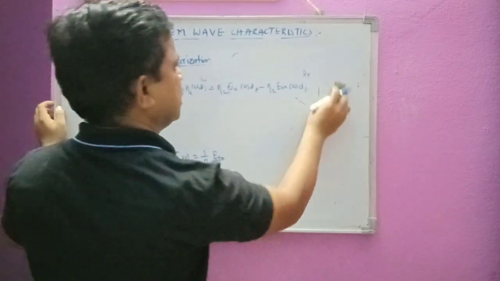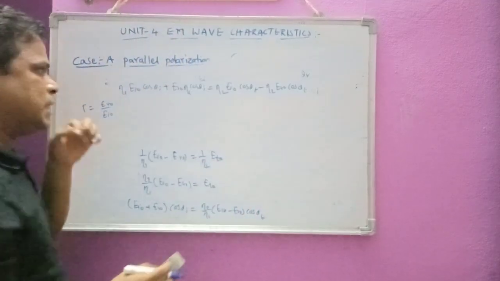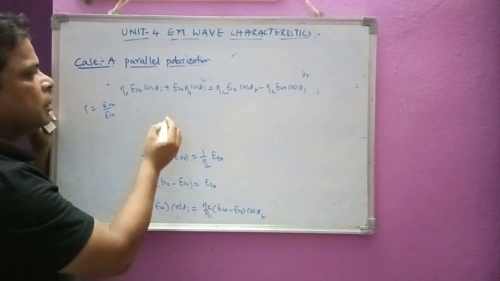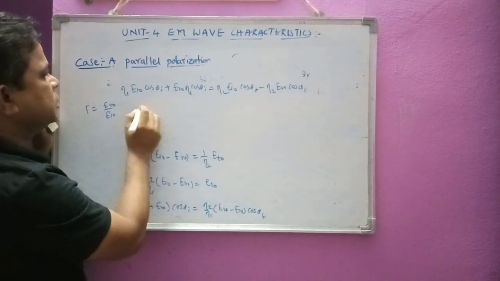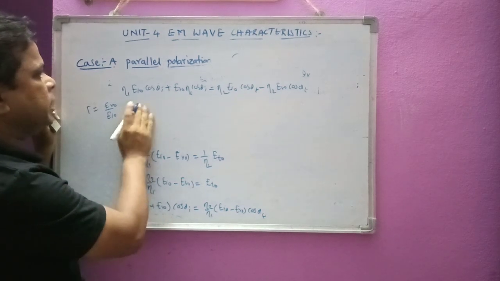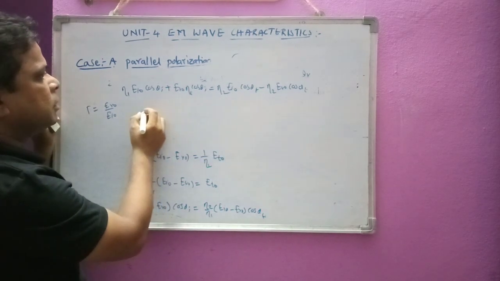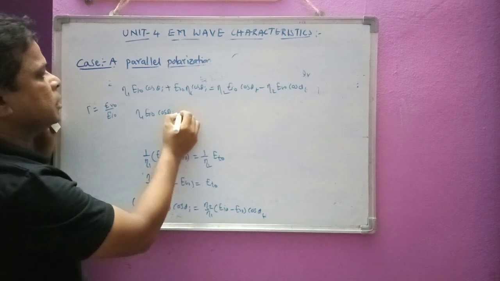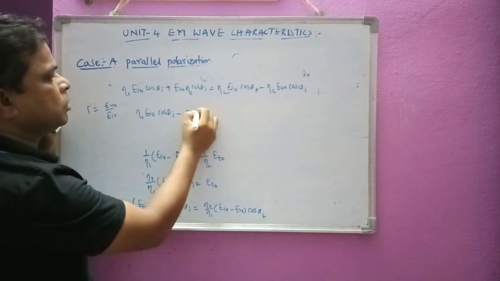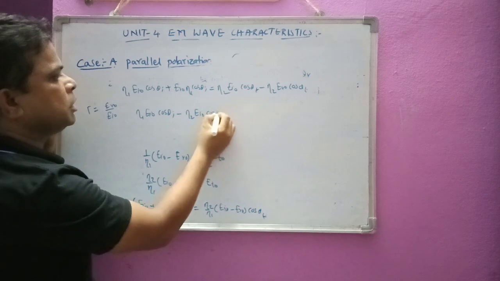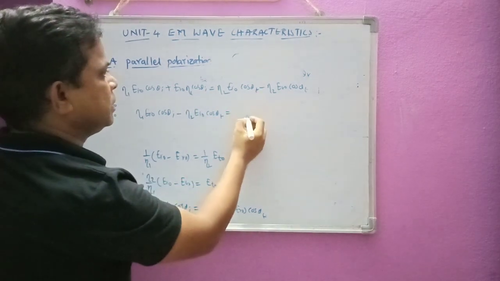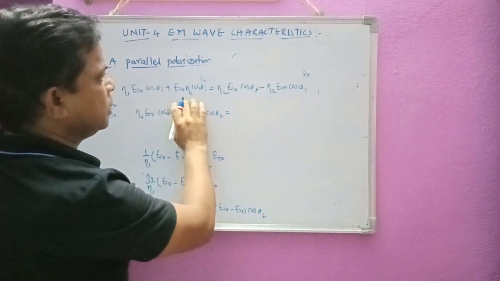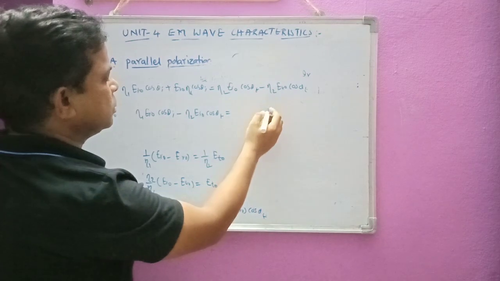Now I have to get the ER0 and EI0 terms to one side. I will move the EI0 terms to the right hand side, that is eta 1 EI0 cos theta I minus eta 2 EI0 cos theta t. Similarly I will get the ER0 terms to the left hand side.